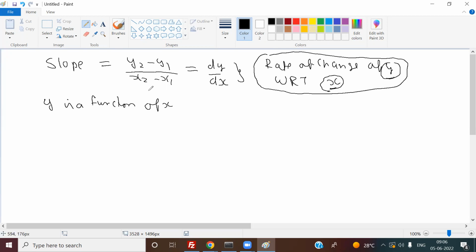Y is a function of x. What does this mean mathematically? This means y is equal to f of x. Yes, so y is a function of x is nothing but f of x. But what does it mean in simple terms?